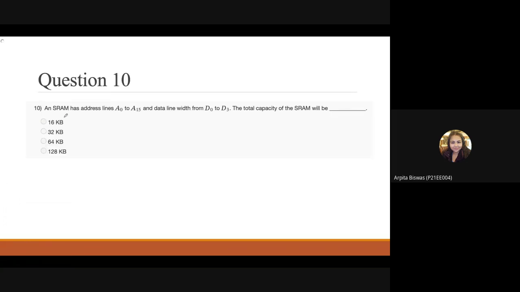An SRAM has address lines A0 to A15 and data line width from D0 to D3.